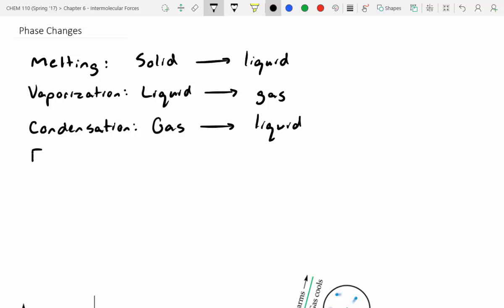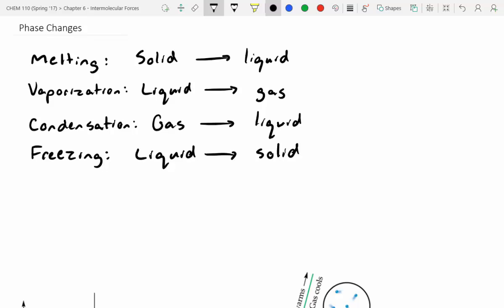And then last but not least, we've got freezing. With freezing, we're going from a liquid to a solid. So these are our four main ones. There's one more that we're going to talk about in a second, though.